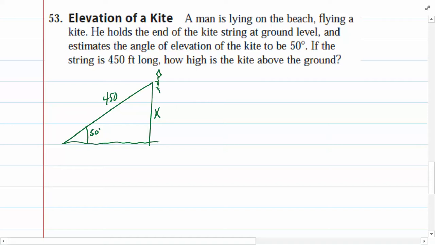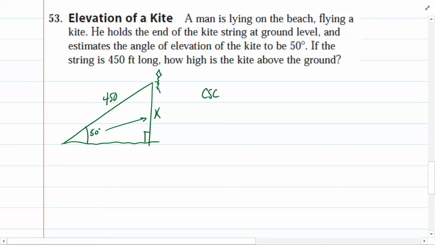We know that 50 degrees is established as the angle of elevation. This x represents the opposite side of a right triangle, and this 450 represents the hypotenuse. So the rules that use opposite and hypotenuse are sine and cosecant. I'm going to use cosecant this time just to get the extra practice.